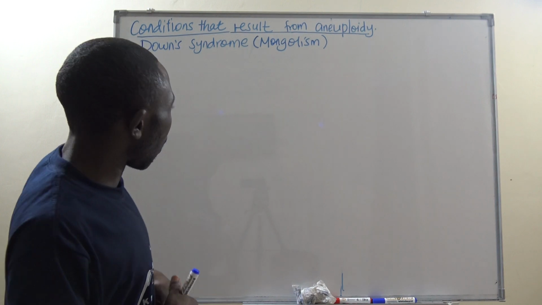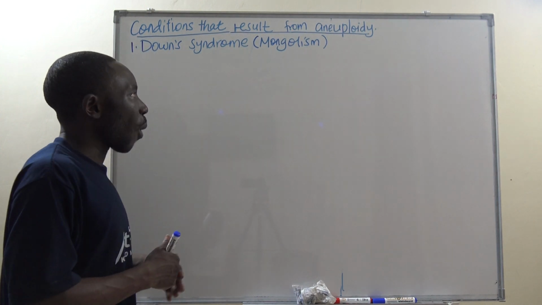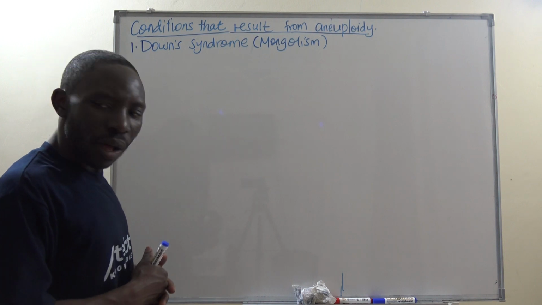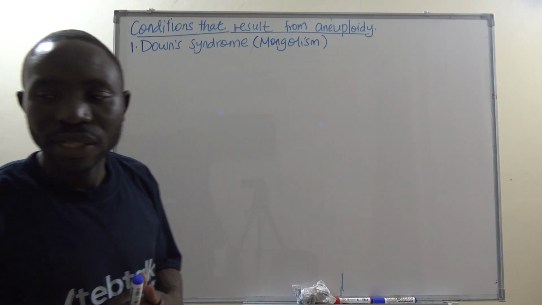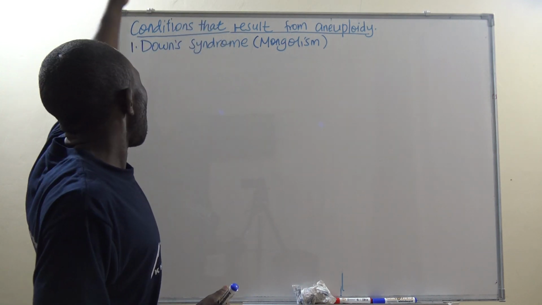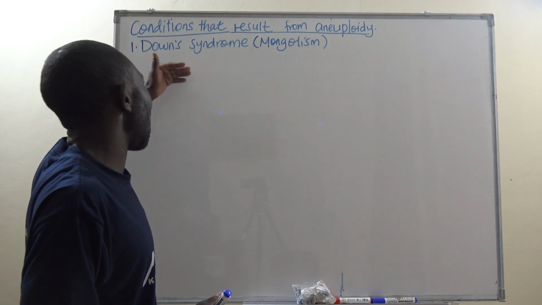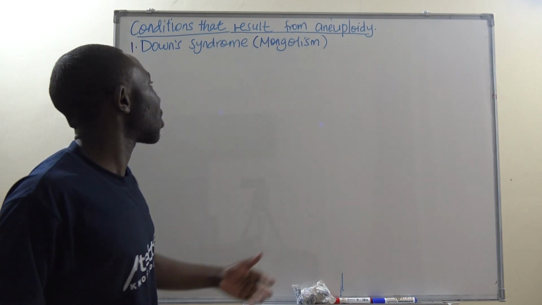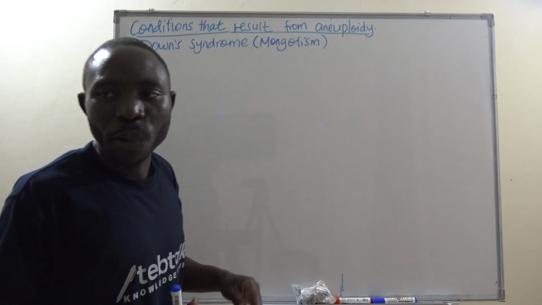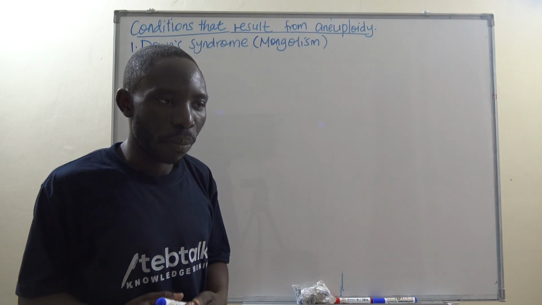So they are also called idiots or Mongols, and the condition is called Mongolism or Down's syndrome. Of course, the condition was named after one biologist called Down, and so he called it Down's syndrome.